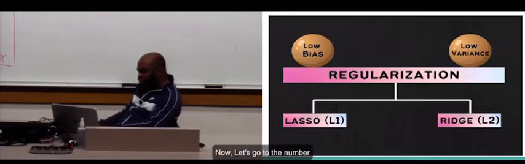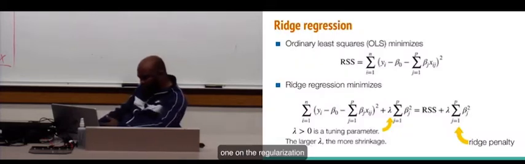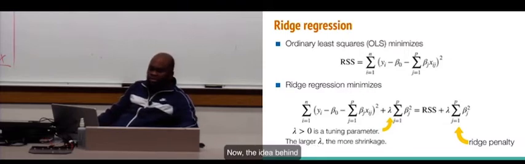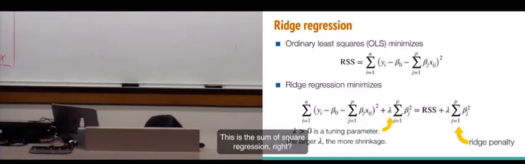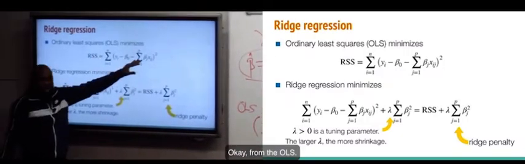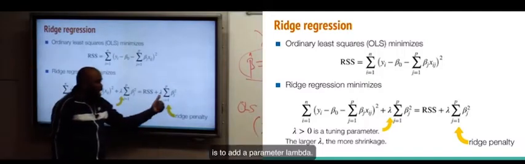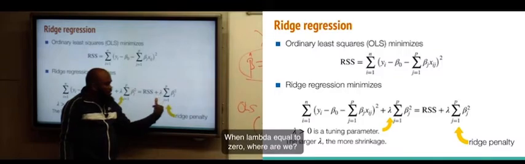Okay. Now let's go to number one on the regularization, which we call the ridge regression. Now, the idea behind the ridge regression. Take a look at this. This is the sum of squared error from the OLS. But what we do in the ridge regression is to add a parameter term, lambda. When lambda equals 0, where are we?